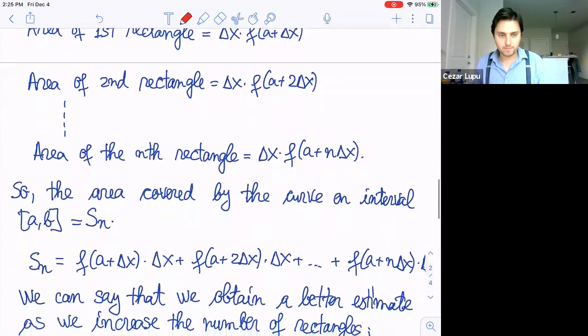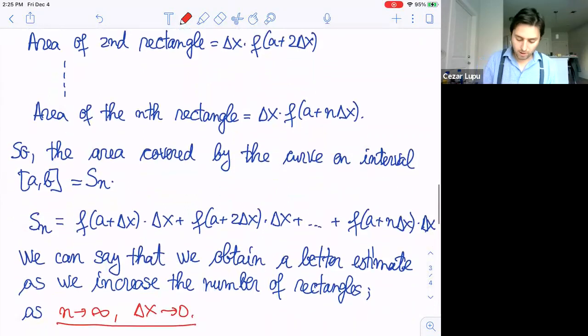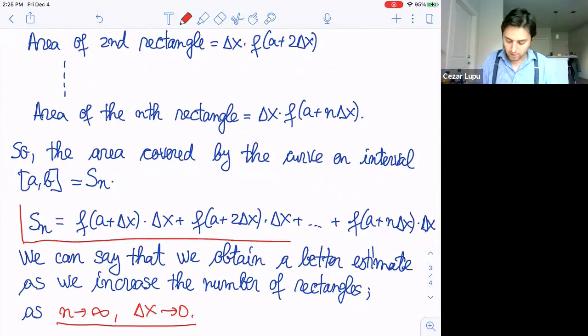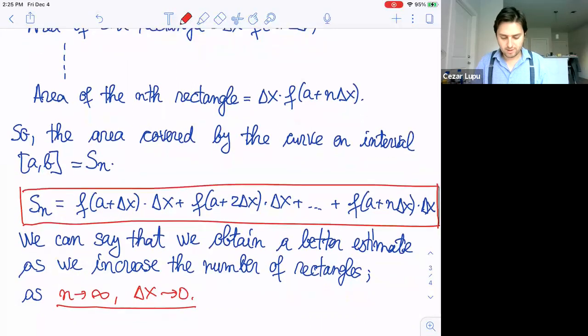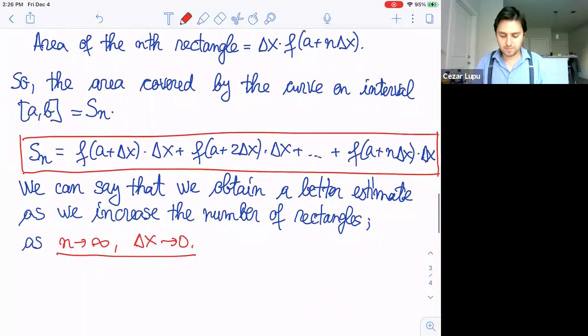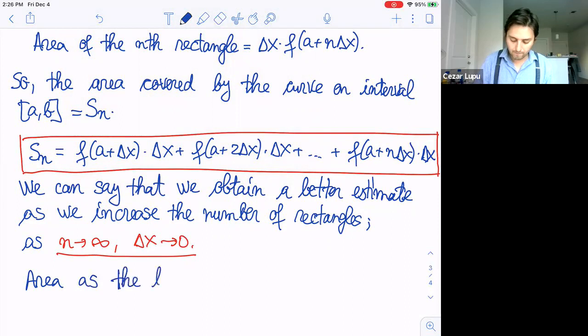All right. I think this formula is very important because we just add the area of the rectangles, and as you can see, there we have a common factor. But not yet. Now, as you can expect, let's talk about the area as the limit of a sum.